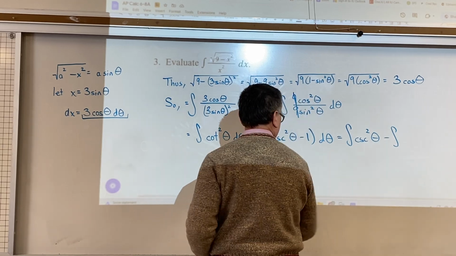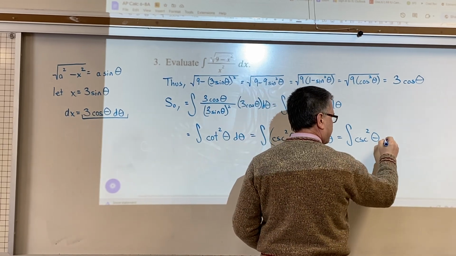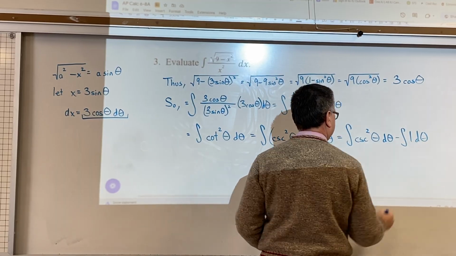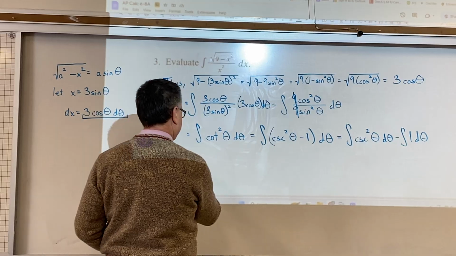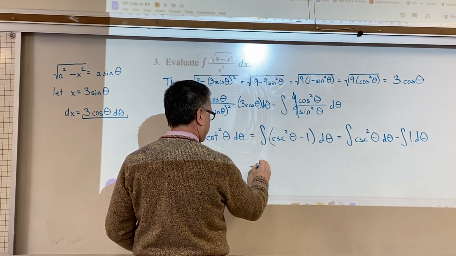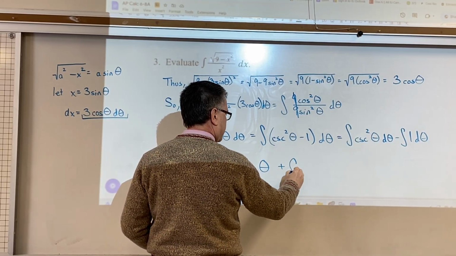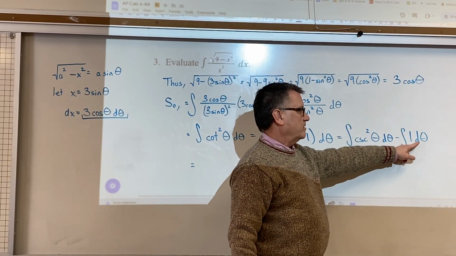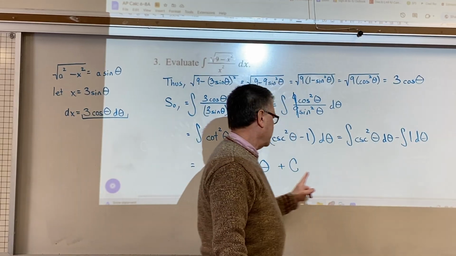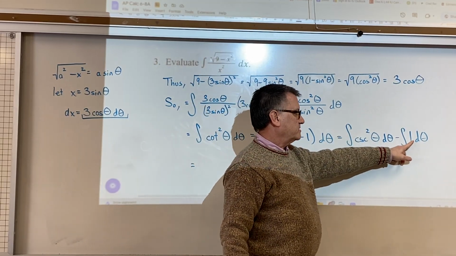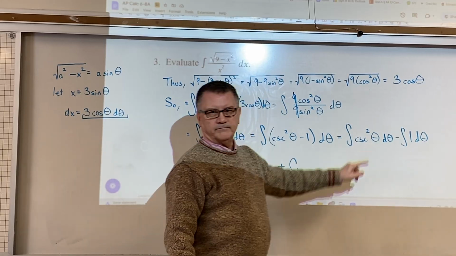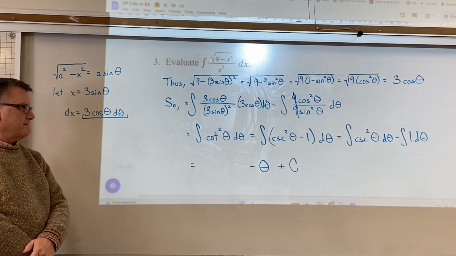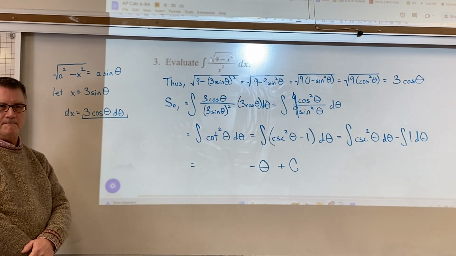What do you think? Hey, this is just gonna be the variable, right? And then plus c because it's indefinite. So that's just gonna be the variable plus c. What is this one? What's the integral of cosecant squared?